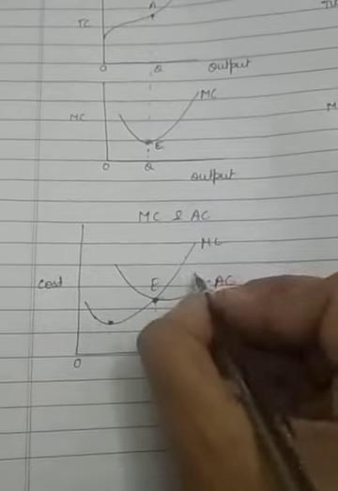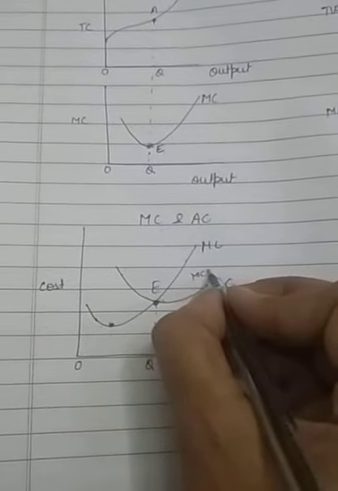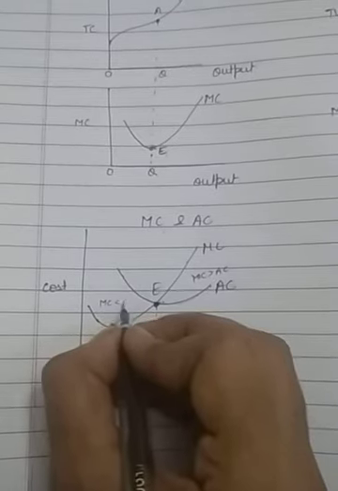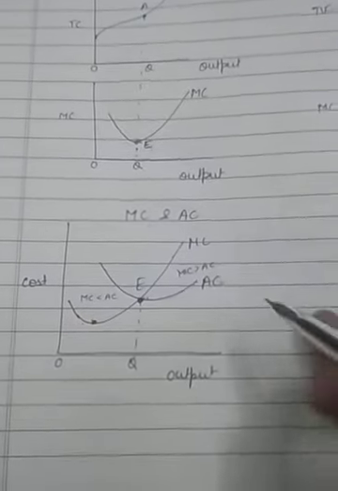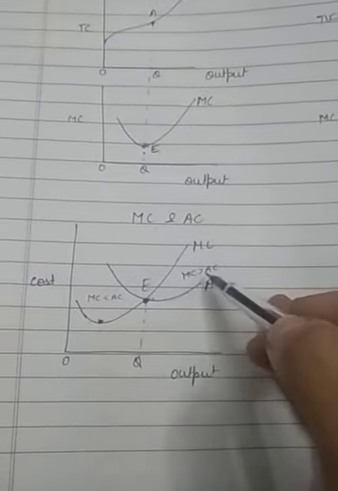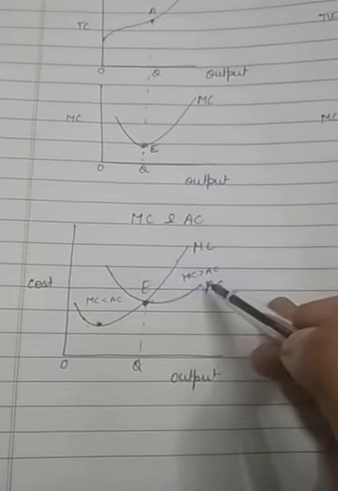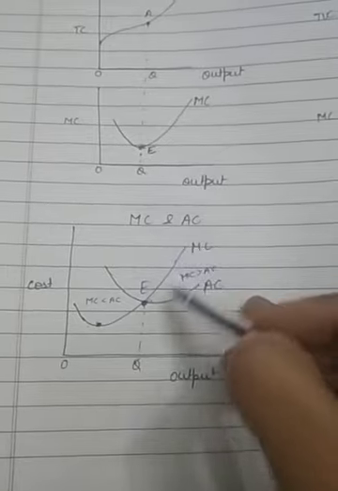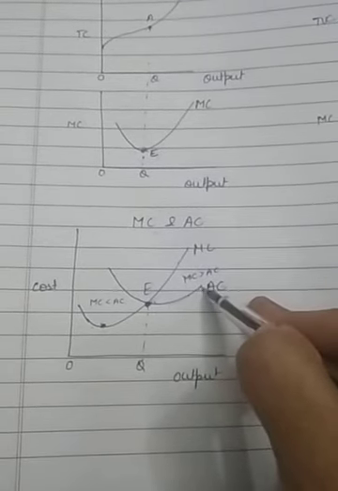Here we can see that MC is greater than AC and in this portion MC is lesser than AC. MC is greater than AC and in this case MC increases more rapidly than the AC curve.